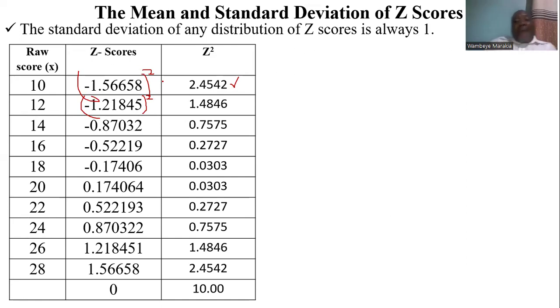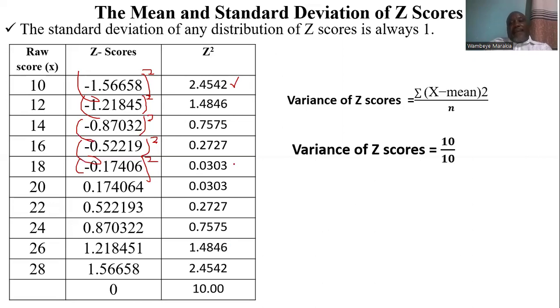After squaring all of them up to the last one, the tenth value, so that I can get the variance, what I'm getting here is that the total is 10.